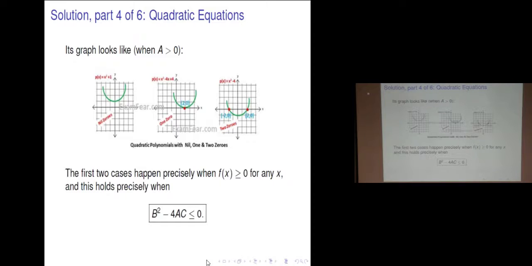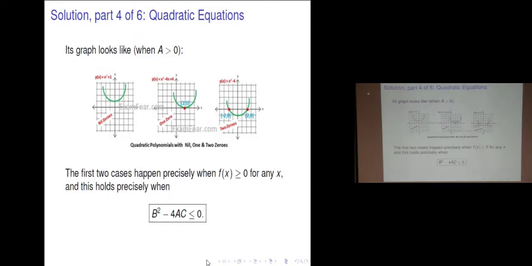So this is an example of what is happening. The message I want to send is this. The first two cases happen precisely when f of x is bigger than or equal to 0 for any x, right? No matter which x you are looking at, the green curve is bigger than 0. In this case, the green curve is bigger than 0, but at this point it hits 0. So it's always bigger than or equal to 0.